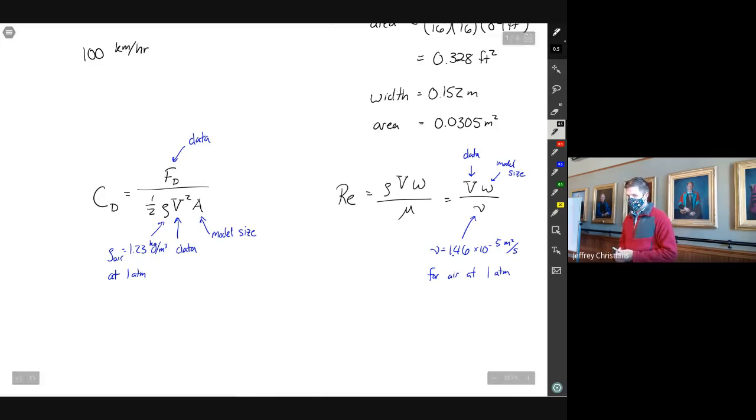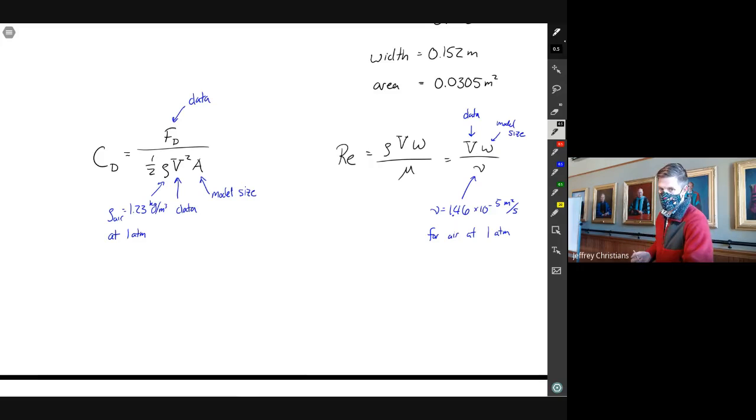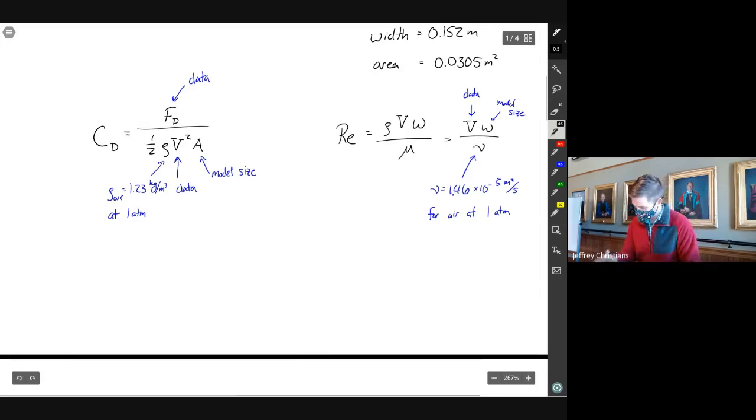So what we're going to do is try to match. We'll be able to calculate Reynolds number and drag coefficient from our data. Then if we match Reynolds numbers, we match drag coefficients. So we have a target for our real system, right? This is our target.